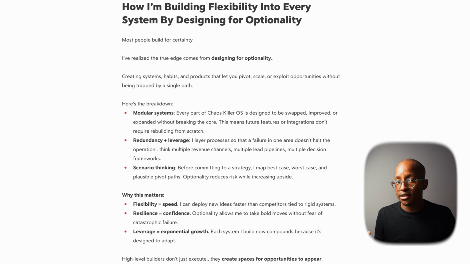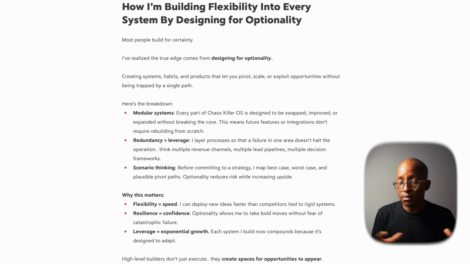And through this flexibility, it comes down to three things. Number one, modular design, which is one of the biggest things that I always strive for in everything that we build. Just having this modular design in terms of how we're actively building the vision of Chaos Killer OS, basically saying, hey, we're able to swap each and every moving part without disrupting the whole entire system, and we can improve each and every part separate from everything else, or even just expand it without breaking its core.